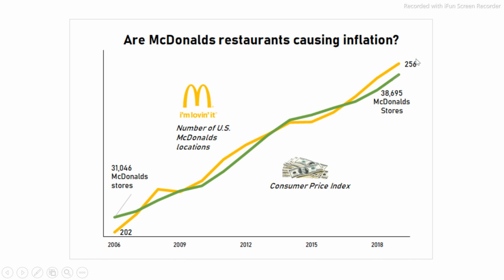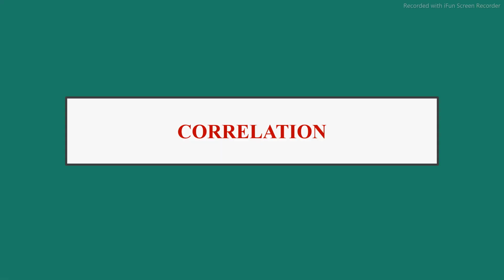It can't be said in that proportion that it's a causation, but there is strong correlation between the number of McD stores and the inflation, the consumer price index. They are highly correlated, but it's not that the number of restaurants are causing inflation. You cannot conclude that.